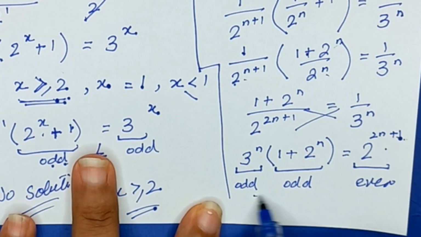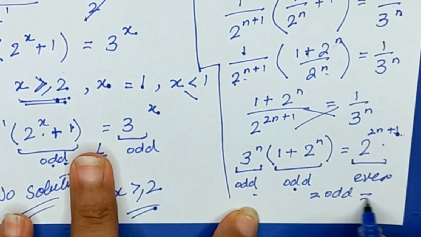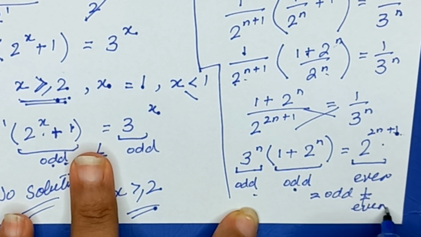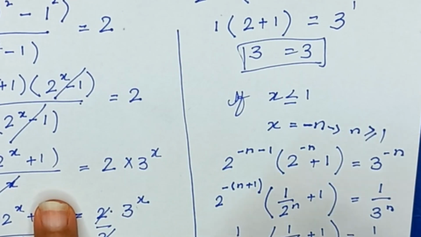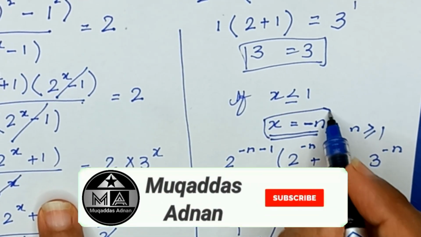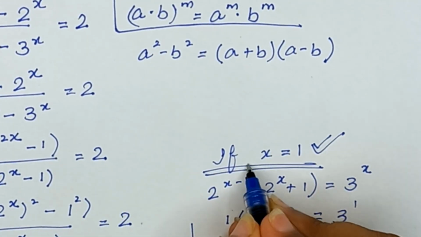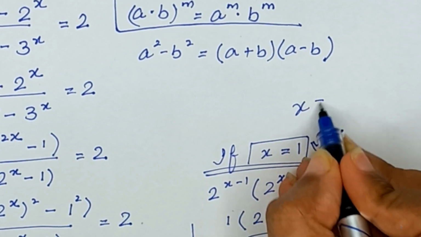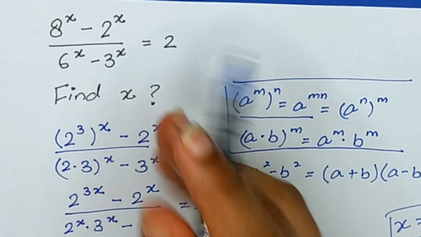So odd times odd will be equal to odd, not even. So it means x equal to minus n is also not a solution for this problem. It means x equal to 1 is the only solution for this equation.